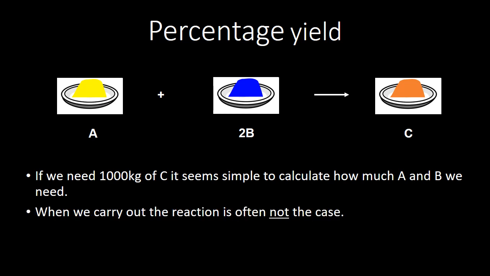However, in most cases, pretty much always, the reactions don't work like that. Let's say you have 500 kilograms of A and 500 kilograms of B, that doesn't necessarily mean that you're going to get 1000 kilograms of the product, and that is due to the yield.